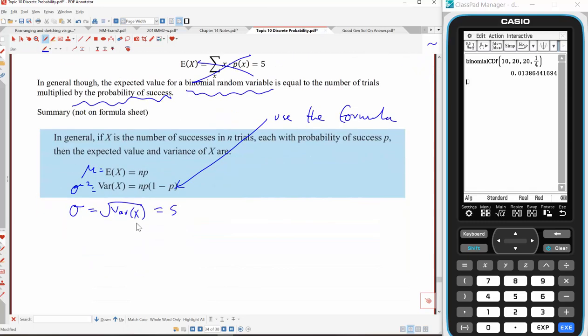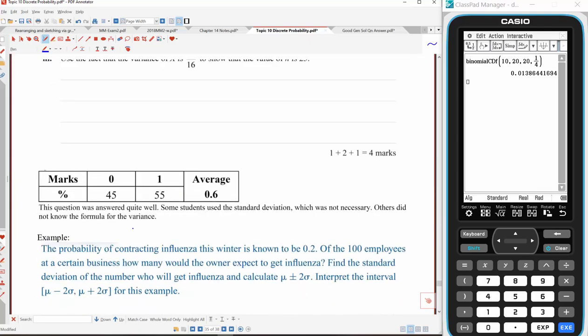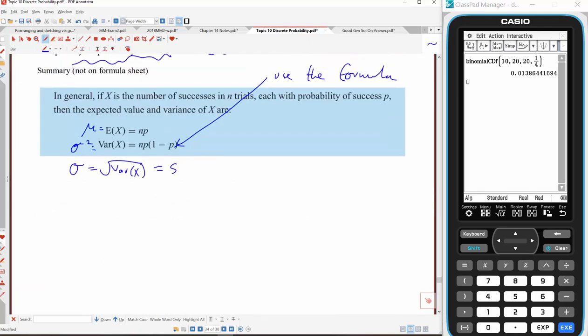What's the notation for standard deviation? We're just going to say that's SD(X), standard deviation of the random variable. Standard deviation is a measure of spread around the mean.